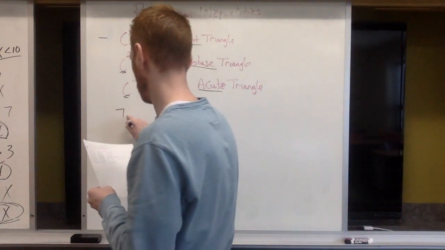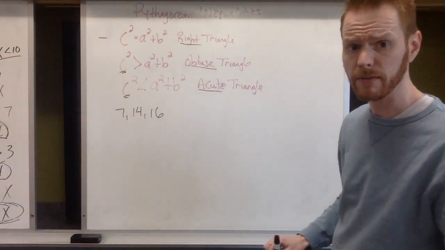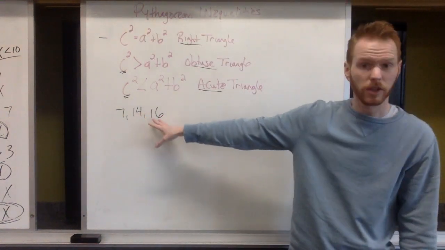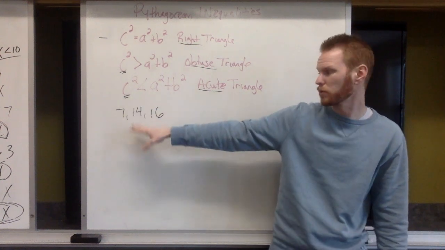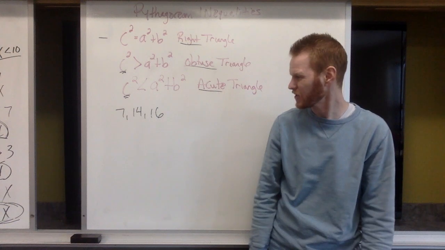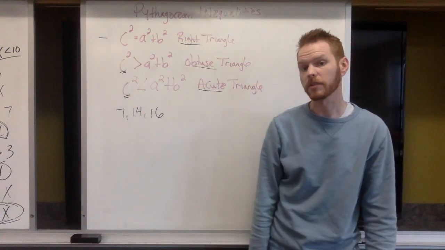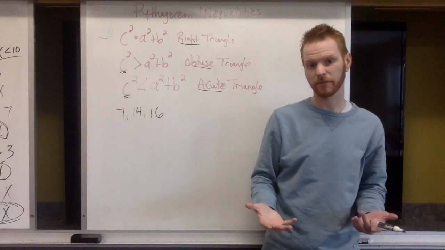So 7, 14, and 16. Now let's say I have these three measurements, and by the way, you could use the inequality theorem to prove that, yeah, you can make a triangle with this. I'm not going to go through that just to save time. Now what I'm going to do is plug this into the Pythagorean theorem and see what type of triangle I have.